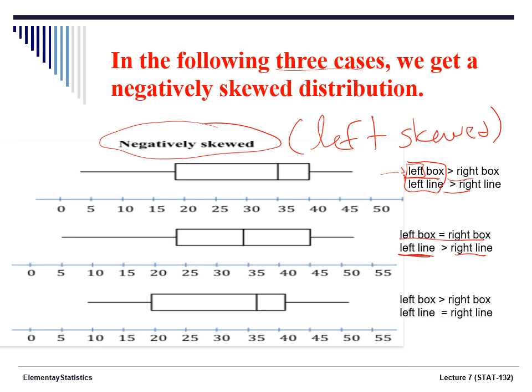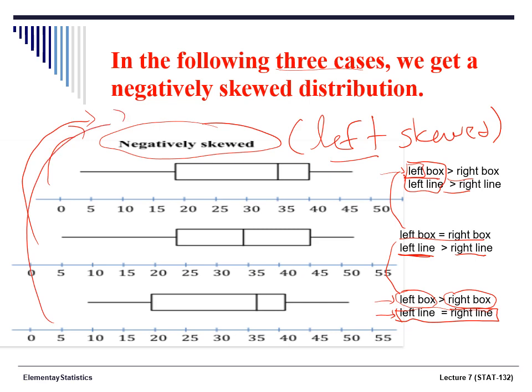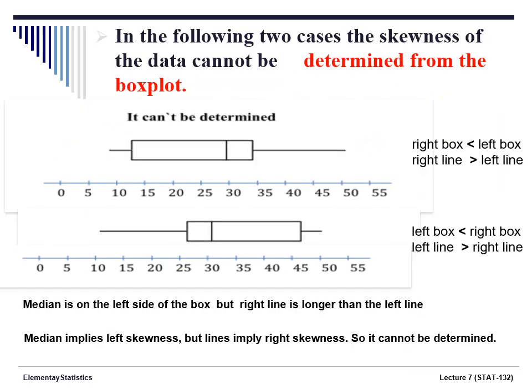And if you have an equality in the line length, the left box is bigger than the right box. So there will be a left dominance in terms of box lengths and line lengths. In each of these, the box plot shows a negatively skewed distribution.